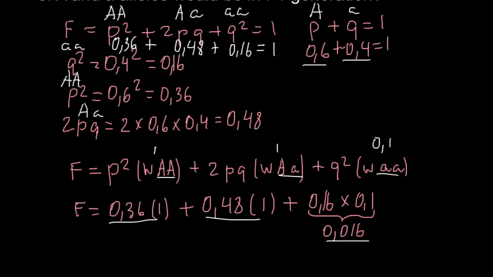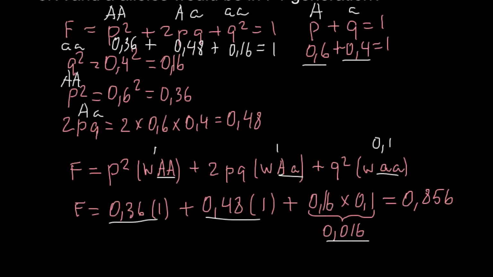So if we add all these numbers, unlike in our previous example where we got 1, this time it is going to be a different number, and the number here is 0.856.